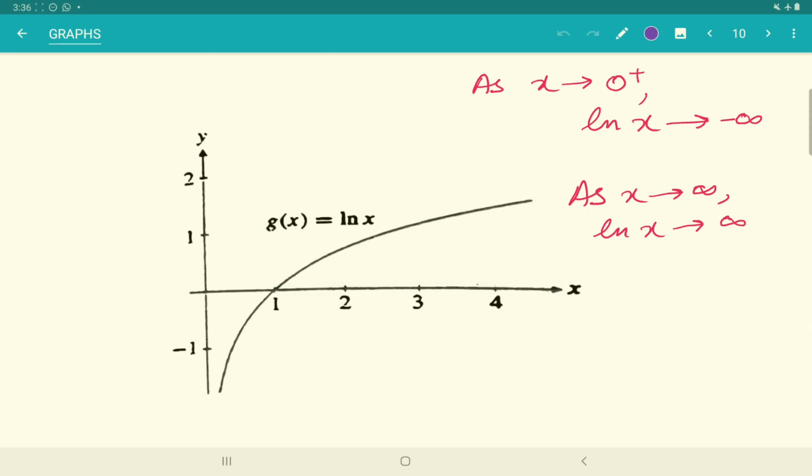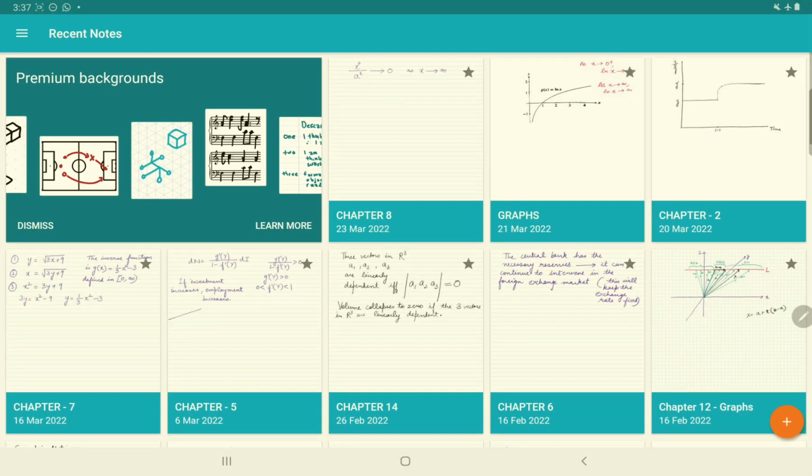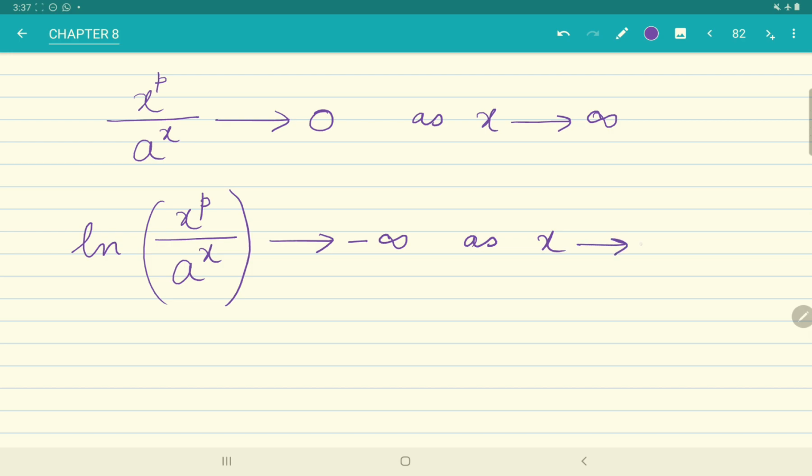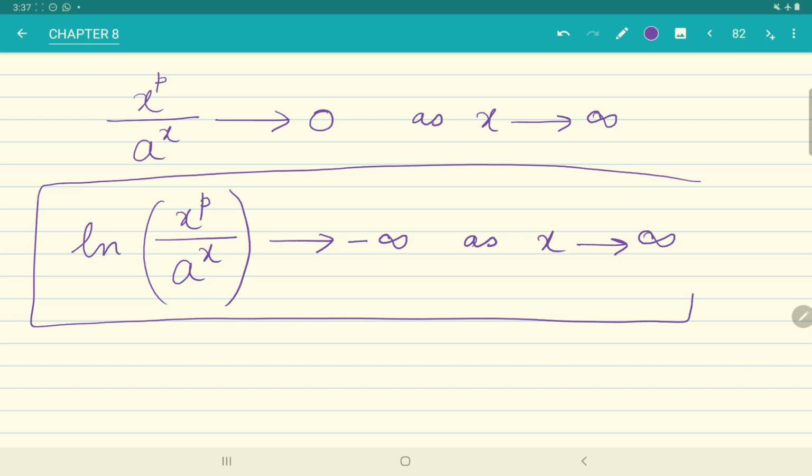Here I see that as x tends to 0, ln x tends to minus infinity. So if I prove that ln of x raised to the power p divided by a raised to the power x tends to minus infinity as x tends to infinity, then my job would be done.